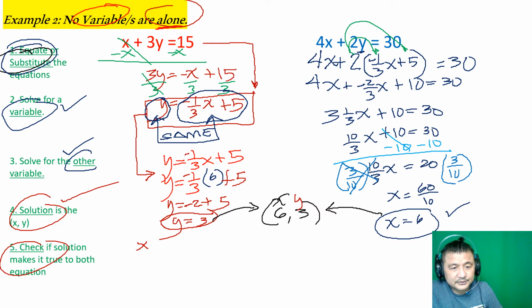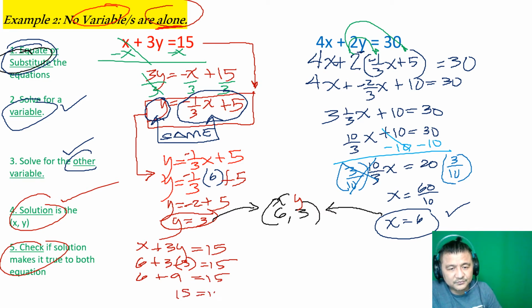So x plus 3y equals 15. So x is 6 plus 3 times 3 equals 15. 6 plus 9 equals 15. 15 is equal to 15. That's a true statement. Let's try the equation in blue. 4x plus 2y equals 30.